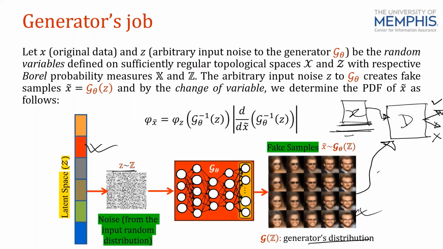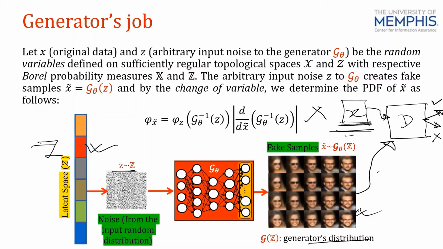So these are the random variables defined on sufficiently regular spaces X and Z respectively, with the respective Borel probability measures script X and script Z. So script X for the original and script Z for the latent space distribution, we can say that.